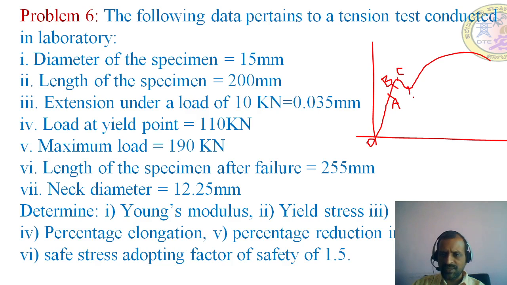Here it is D point, and here it is E point. This is E point, and this is F point. So now the y-axis is stress, and the x-axis is strain. The diameter of the specimen is 15 mm.